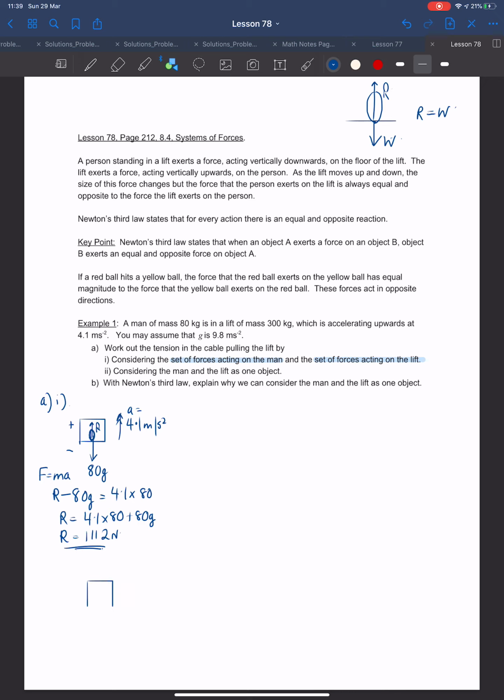So the tension acts, well, you can imagine there's a connector between the trailer and the van. So there's the trailer and this is the van. Okay, so the tension pulls the trailer along, but actually pulls the van backwards.